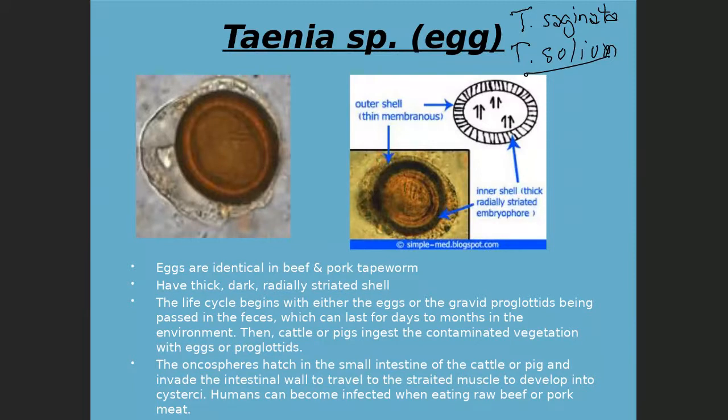So all of the Taenia eggs are going to have around them what looks almost like a jelly-like structure, unless they have been desiccated completely. And then you can see that they have a very dark inner shell that is actually pretty tough, and that makes it so that those eggs can stay viable outside of the host body for an extended period of time.